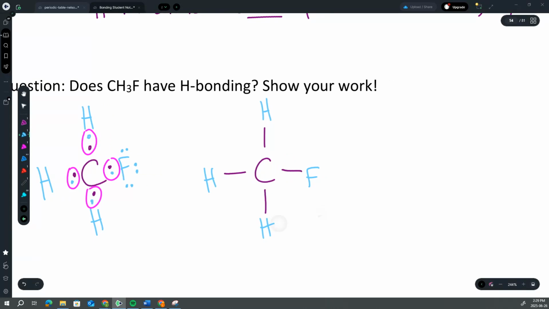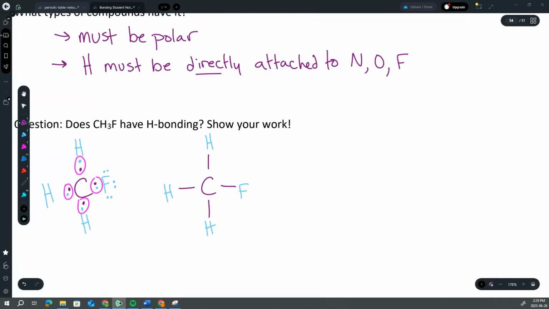And just for fun, I'm also going to draw this in the VSEPR diagram. So because our central atom, which is carbon, has 4 atoms attached to it, but no lone pairs, it's going to be a tetrahedral shape. So I'm going to put my flat bond there, let's say another flat bond there, my wedge, and then my dash.